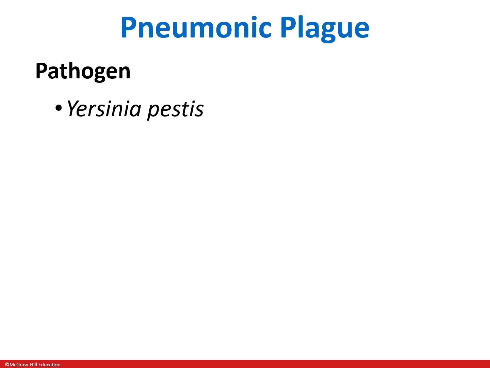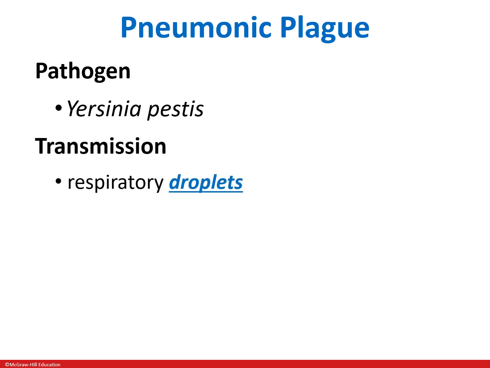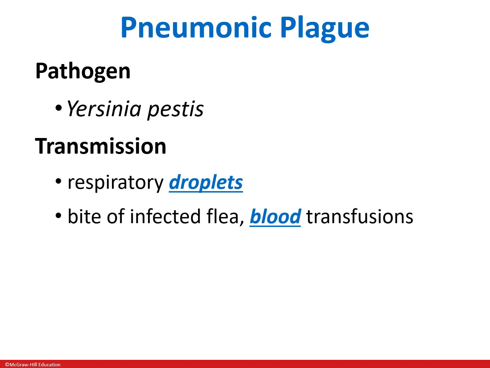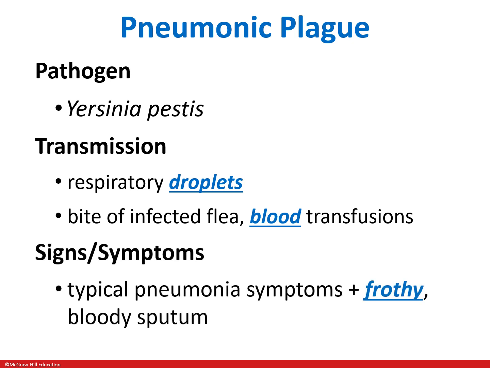So we talked about bubonic plague, but recall that pneumonic plague essentially forms a pneumonia-like infection. And so again, the species is Yersinia pestis. It is transmitted through either respiratory droplets, or recall bubonic plague can be transmitted through blood or the bite of an infected flea, and if it finds its way into the respiratory system, it can be turned into pneumonic plague.